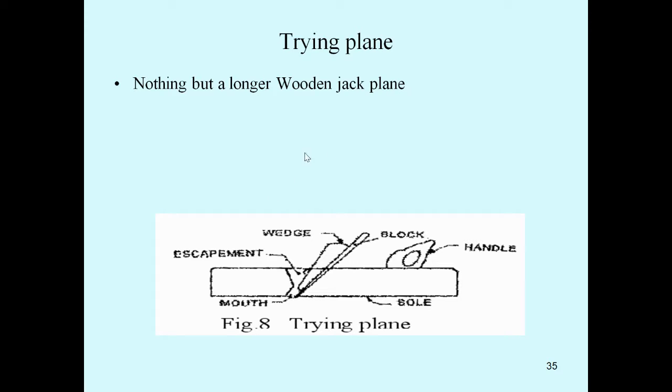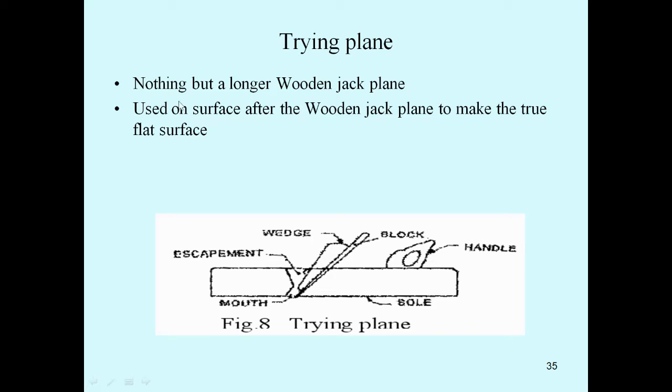Next, the trying plane is nothing but a longer wooden jack plane. The length of the body or the stock is larger than the normal wooden jack plane. Trying planes are used on the surface after the wooden jack plane.